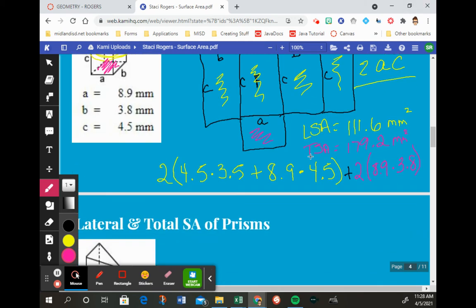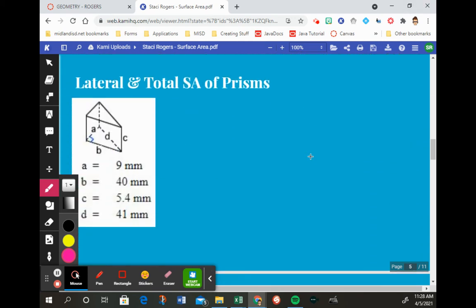Let's try another one. This one's a triangular prism. Okay, so let's start with the right triangle. And let's label the pieces. There's my right angle.